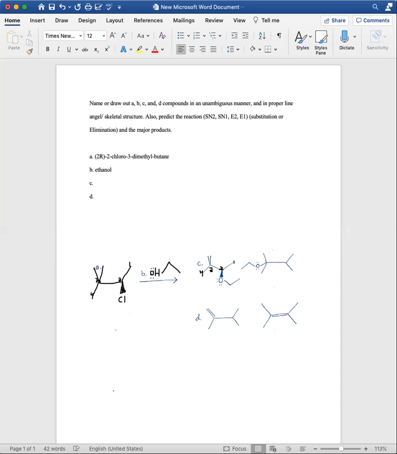So first we start with 4, which we had 4 carbons. It's going to be but, and since it is an alkane, it's going to be butane. But we just started, so we are not done.